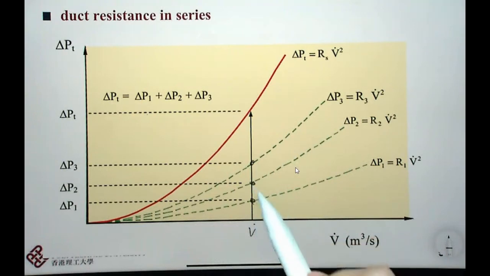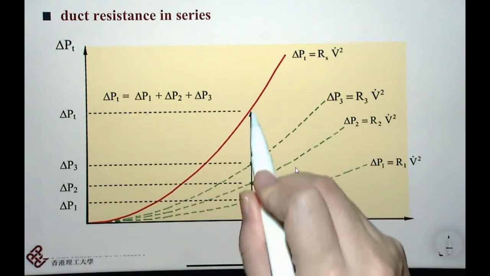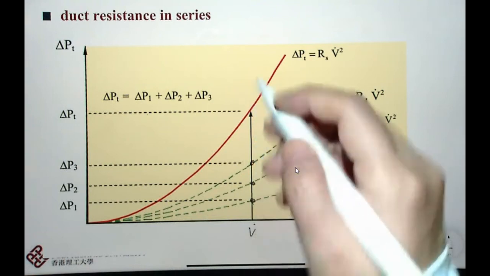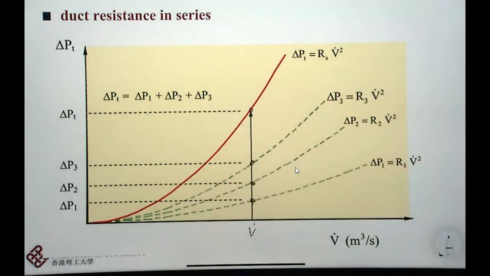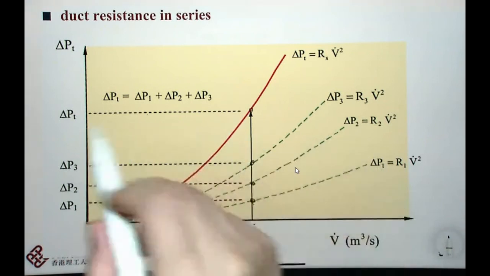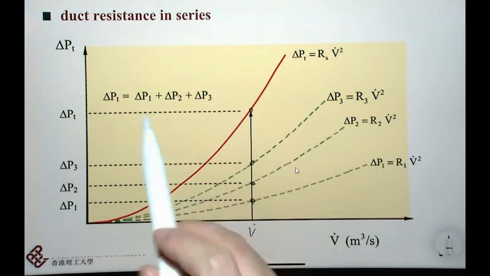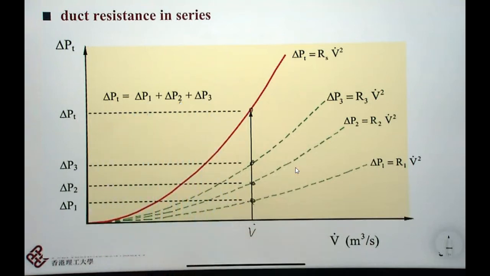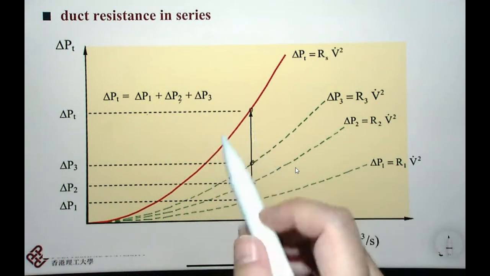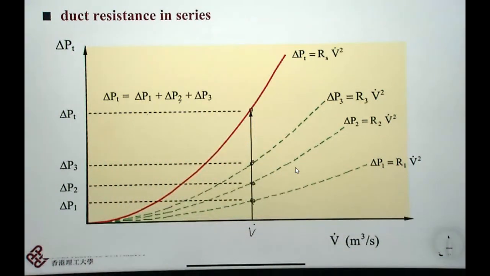And then we still follow this line and we find the corresponding P total value that satisfies delta P total equals delta P1 plus delta P2 plus delta P3. And this is how we determine the delta P value for the duct section when the corresponding volumetric flow rate is V dot here.